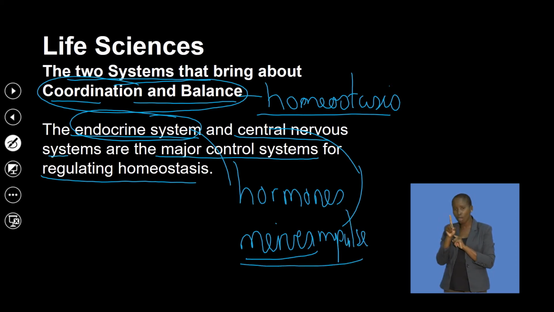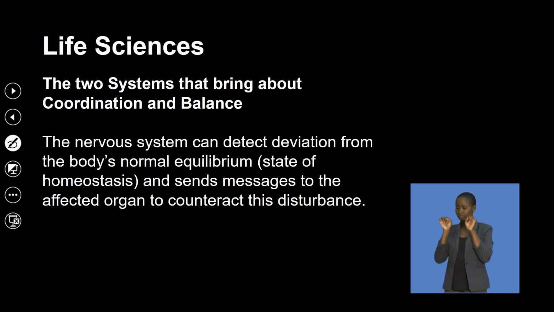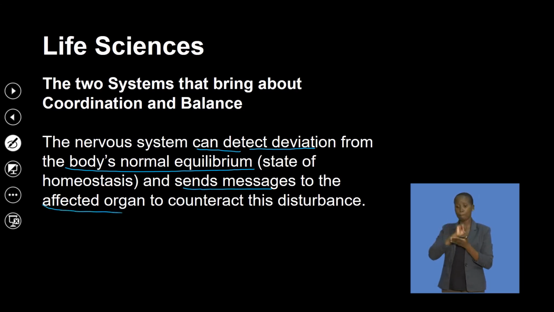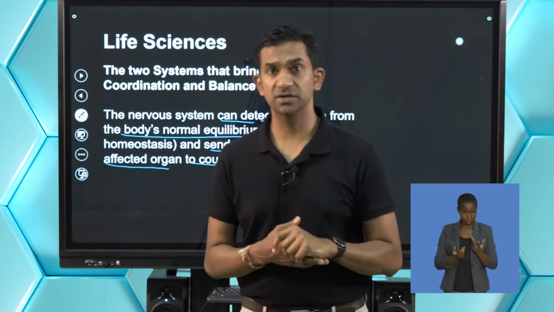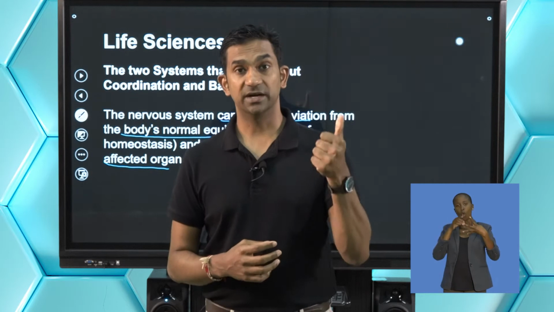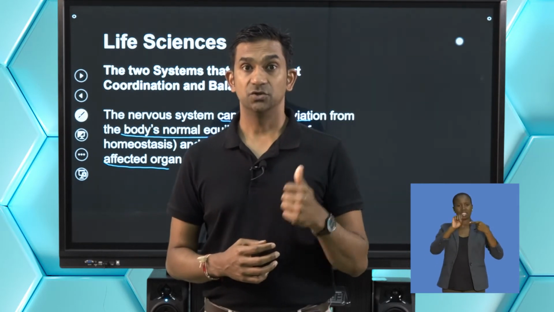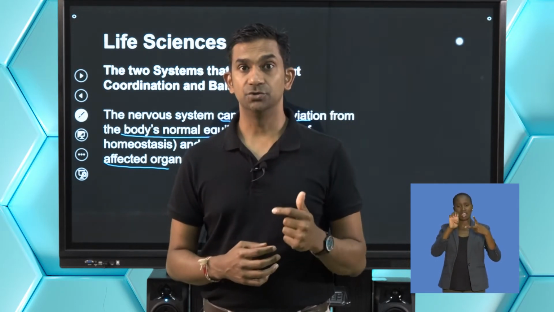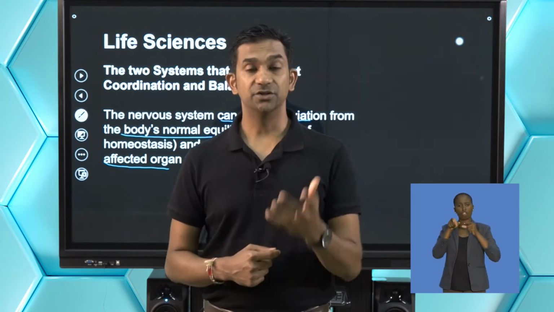So collectively, we need to look at both these systems. The nervous system can detect deviations from the body's normal equilibrium, so that is the state of homeostasis, and it sends messages to the affected organ to counteract that disturbance. Now, going back to our initial segment where we looked at the four components of communication in the body: you have a stimulus, you have a receptor, you have the control unit, and you have the effector.